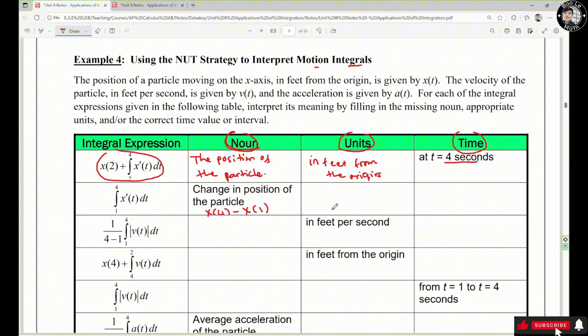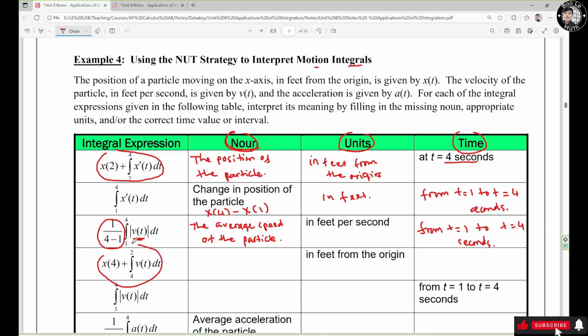The units should be in feet, and the time should be from 1 to 4 seconds. If you look at this one, it's actually the average value of the speed, because it's the absolute value of v of t. So you need to say the average speed of the particle, and the time should be from 1 to 4. This one is similar to the one right here.